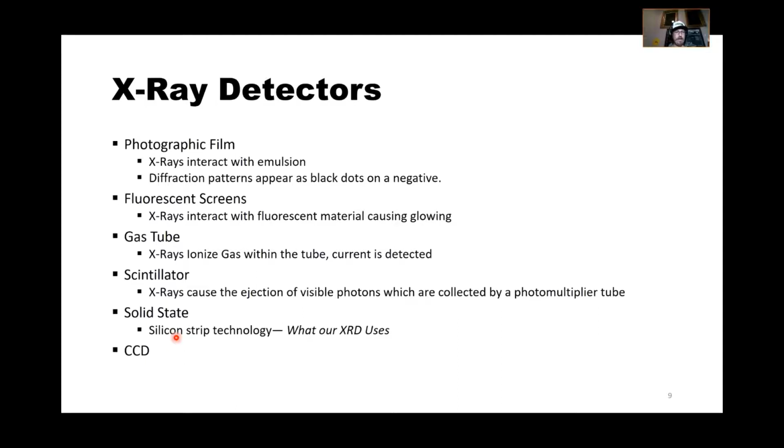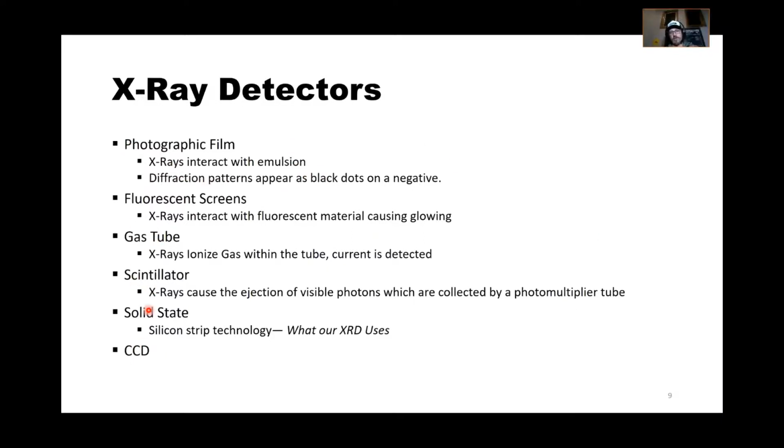And if I didn't make it clear, the transition from using photographic film and fluorescent screens to using a gas tube and this type of stuff is going from, let me see if I can draw on it, I don't know if it'll let me. Oh, it won't. Going from looking at spot patterns to spectroscopy.